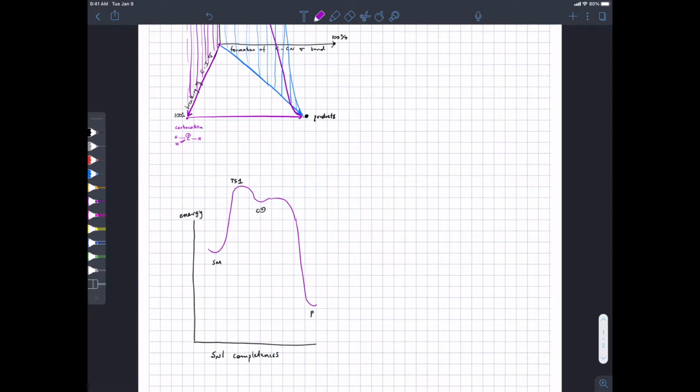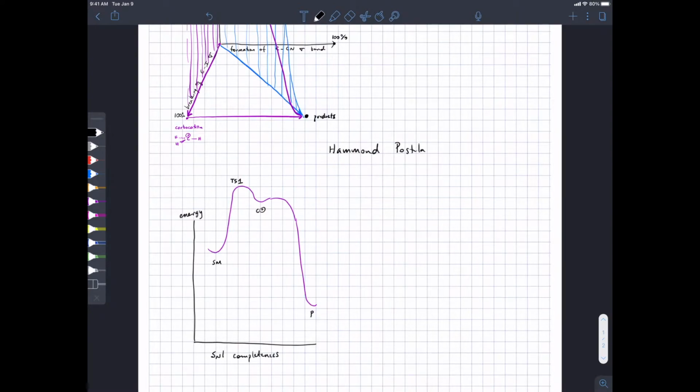And I want to introduce a rule of thumb that can help us, because transition states, you can't actually see them. It's difficult to think about them. And so there's a principle that helps us connect the structure of the transition state to the thing that it's closest in energy to. So this is the Hammond postulate.